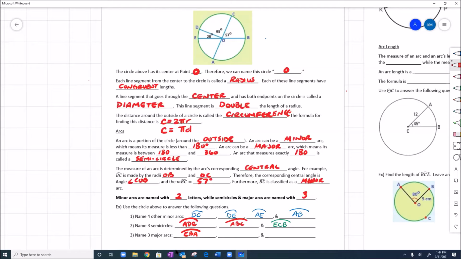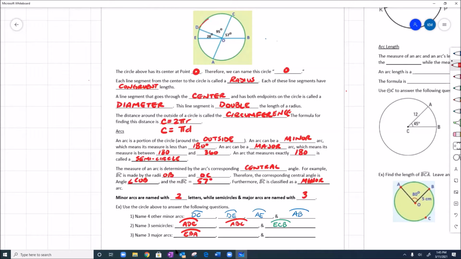When we talk about EBA, it lets us know that we're going from E to B, then finishing at A. Otherwise, if we tried to name this arc EA, we might run into the confusion of, are you talking about arc EA this way, or arc EA this way? To clear that confusion, if it's 180 degrees or more, we always name it with 3 letters. So we have EBA, that's 1.